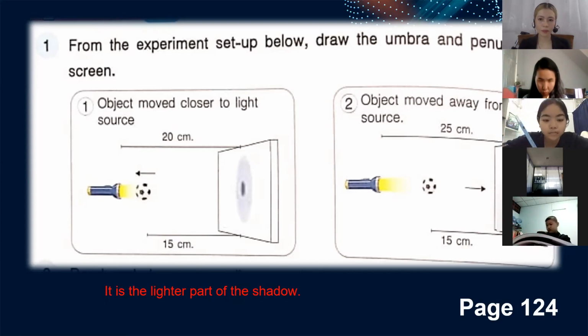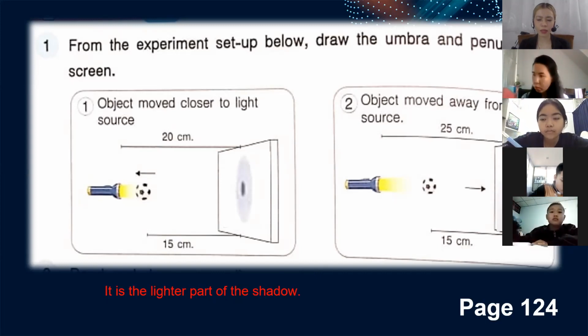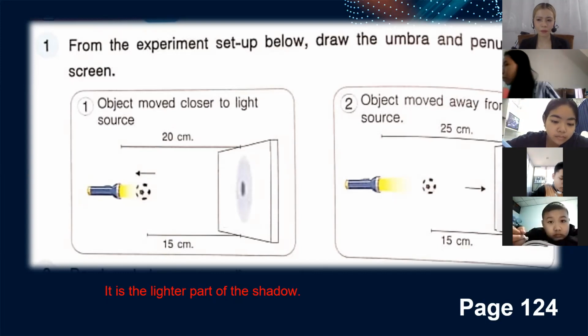Finished? For number 2, object moved away from the light source will be this.